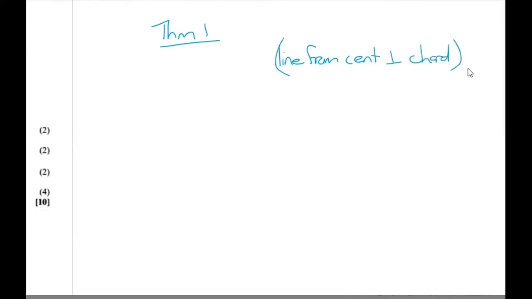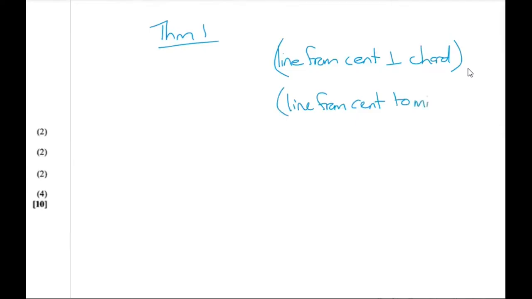Okay, so we've got three different, from theorem 1, we've got three different reasons. Our first reason is line from center perpendicular to chord. Our next reason is line from center to midpoint. And our last reason is the perpendicular bisector of the chord.